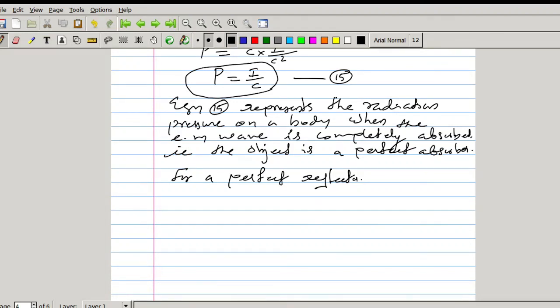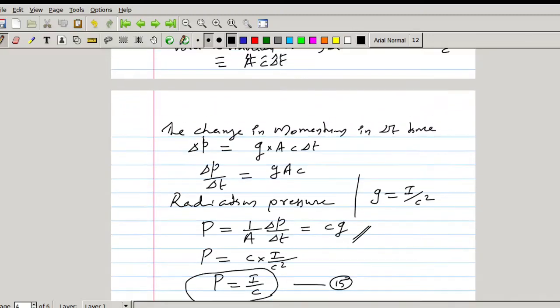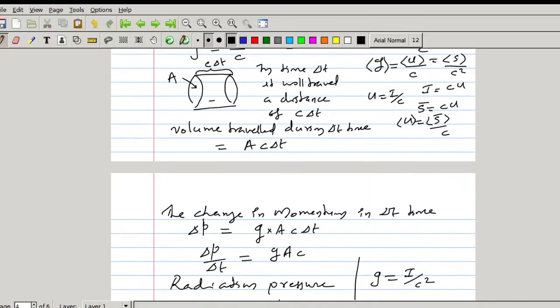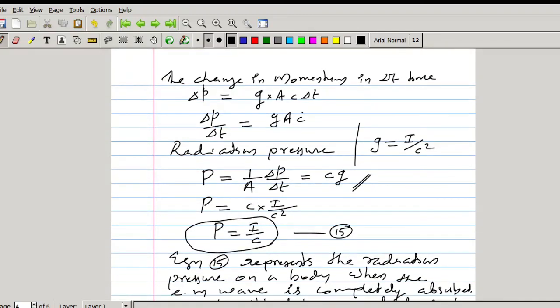That much momentum is imparted to the body, so it will be 2P. So when the electromagnetic radiation is incident on a perfect reflector, the change in momentum will be twice as that of this one. Here a multiplying factor 2 will be there, here also 2 will be there, then the radiation pressure will be, instead of I by C, we will be having 2I by C.